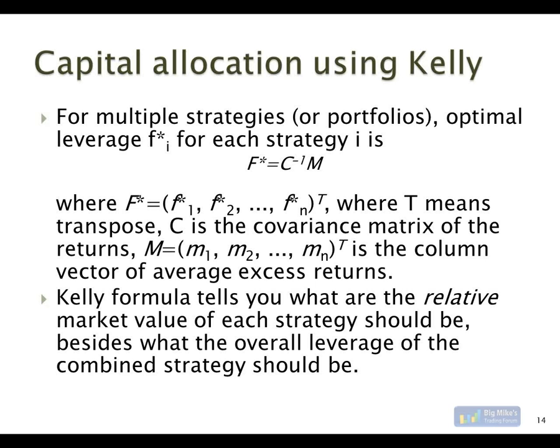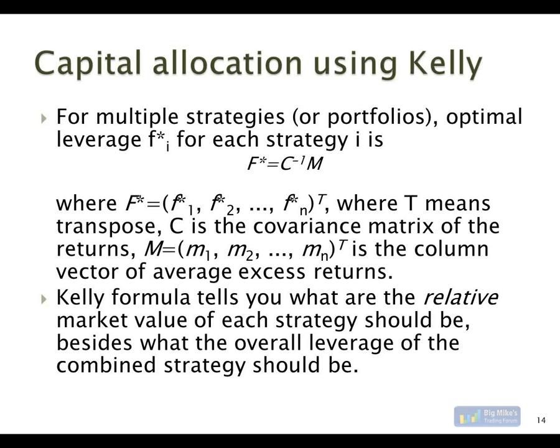So F1, F2, and Fn are the optimal leverage for each strategy or each portfolio. The T simply means the matrix transpose. It's not important. C is the covariance matrix of the returns, and you can compute it using even Excel, but usually MATLAB is the easiest platform I use to compute the covariance matrix of the returns. So you have to compare every pair of returns.